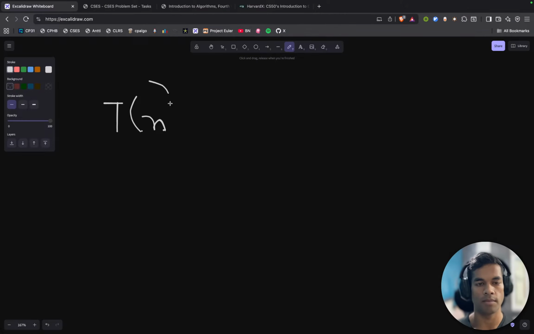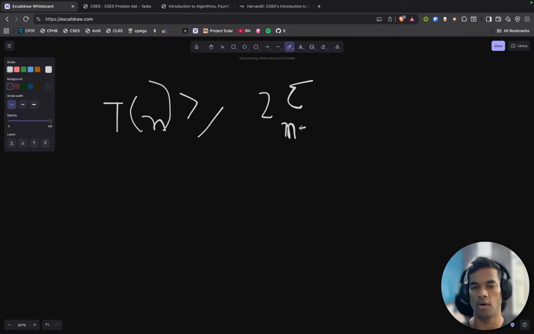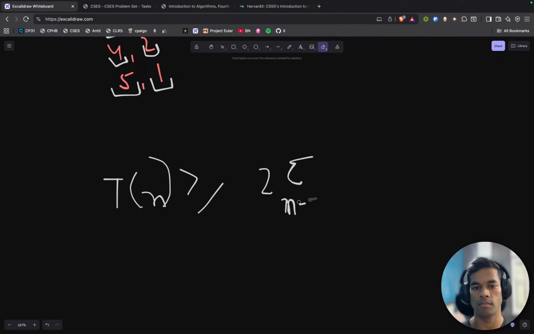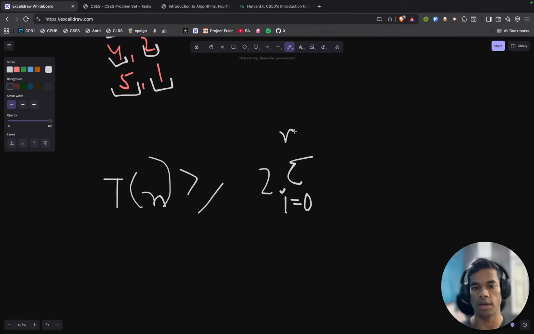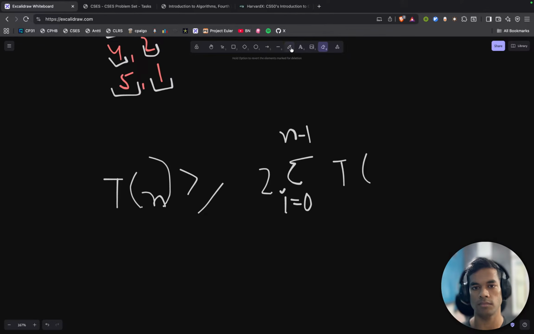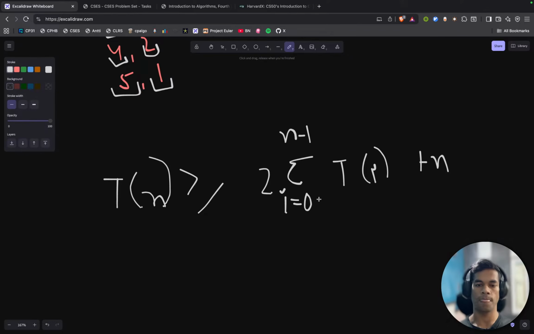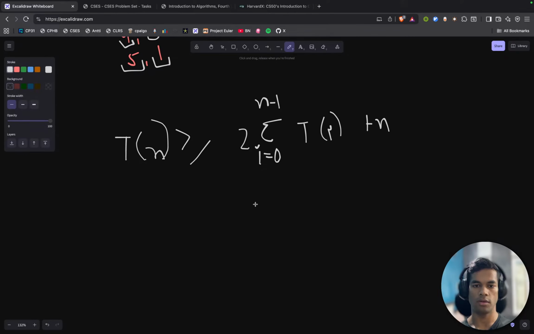So we are saying Tn is greater than or equal to 2 into the summation where i is ranging from 0 to n minus 1, and we are summing ti plus n.